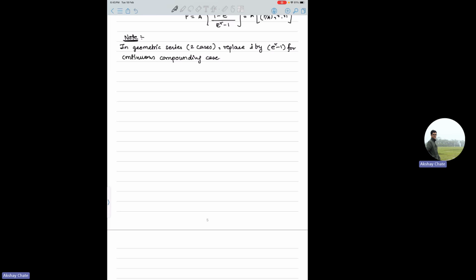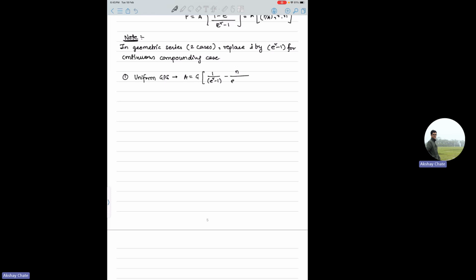like that. Okay, I can just give you also, since we are here. So the uniform gradient payment series case. If you replace i by e power r minus 1, you will have A equal to G into 1 by e power r minus 1 minus n divided by 1 plus i power n minus 1, right?